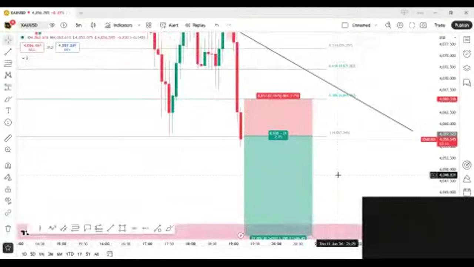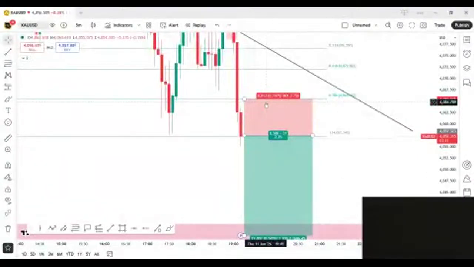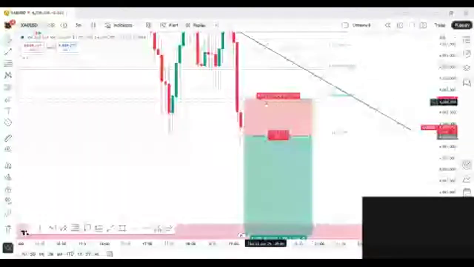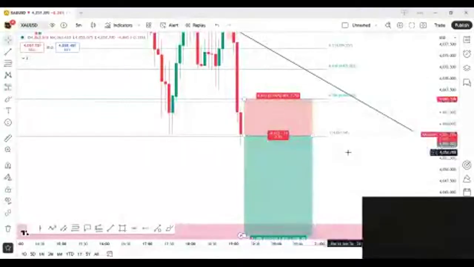Unfortunately, we just missed a move. The whole move was missed. Unfortunately, we just missed the whole move.